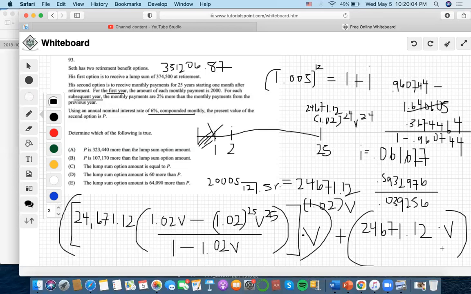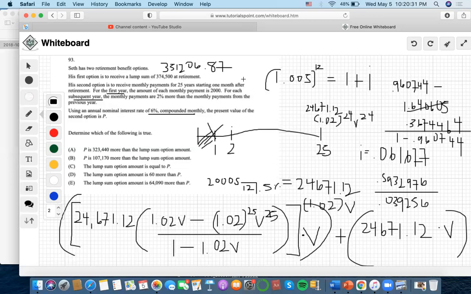Now for this part, we're going to discount the accumulation that we got from this region back one period. We're going to do 24,671.12 times 1.061677 to the negative 1 power, which is going to be 23,237.87743. Now we're going to add what we got here, plus 351,206.87.